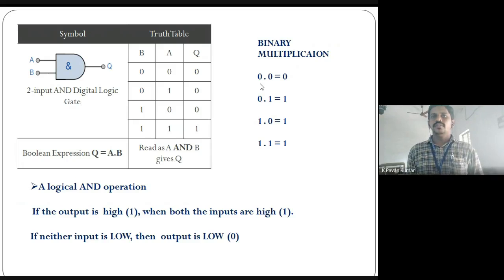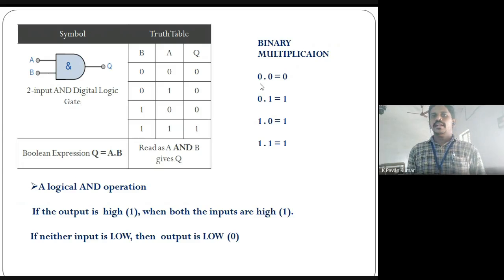First we multiply the first two digits: 0 dot 0 equals 0. 0 dot 1 equals 0, and third condition 1 dot 0 equals 0, and finally 1 dot 1 equals 1. This is the truth table for the 2-bit AND gate, that means the two input AND gate.